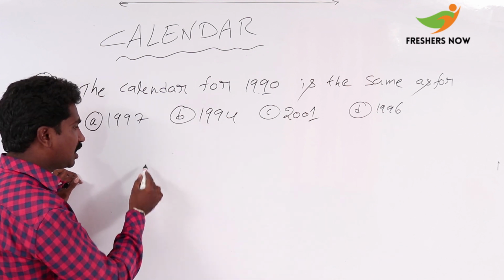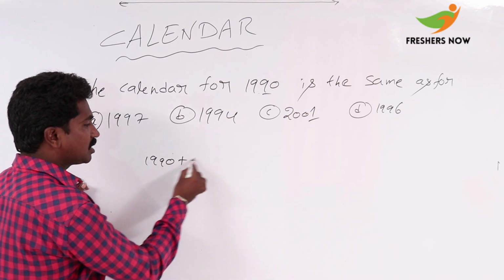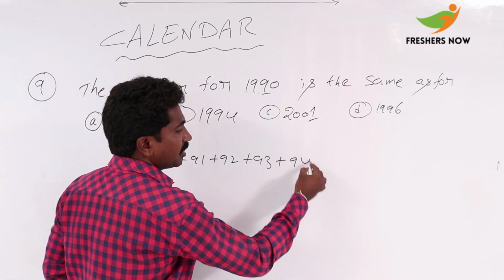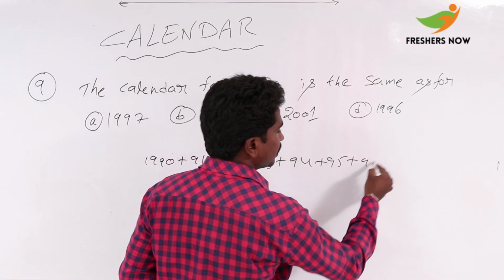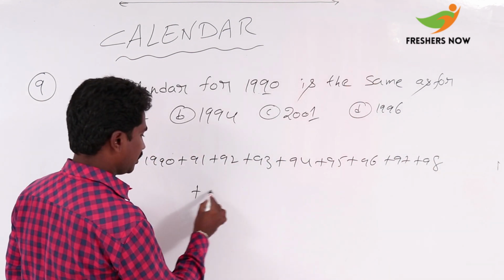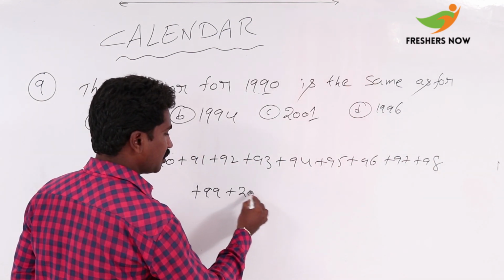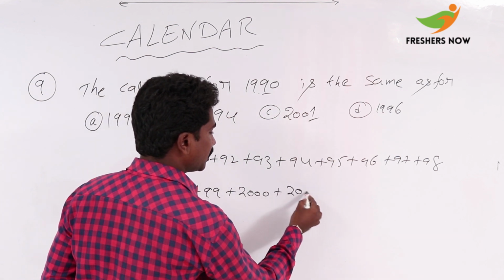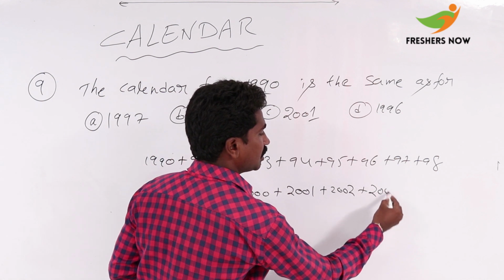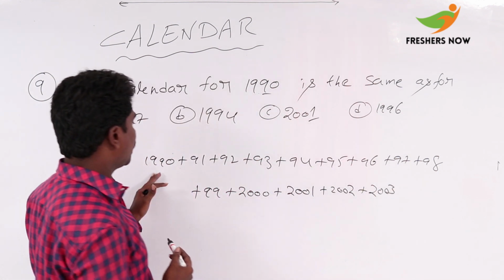Observe, 1990 plus 91, and here we write the years: 92, 93, 94, 95, 96, 97, 98, 99, 2000, 2001, 2002, 2003.